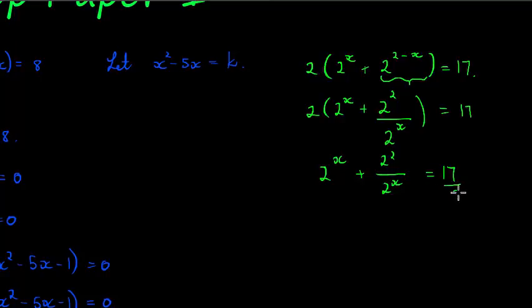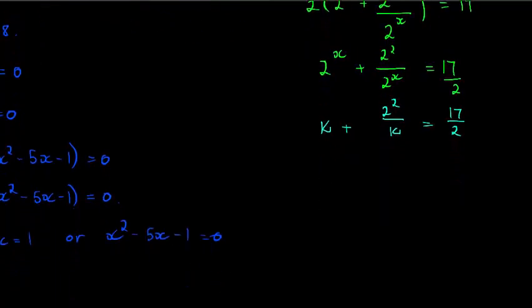Yeah, that's true, but the whole point is still to get the bases the same, and now you see there's this repetition. What did I say when we see repetition? We use k substitution. It just makes life so much easier. So I say k plus 2 to the power 2 divided by k is equal to 17 over 2.